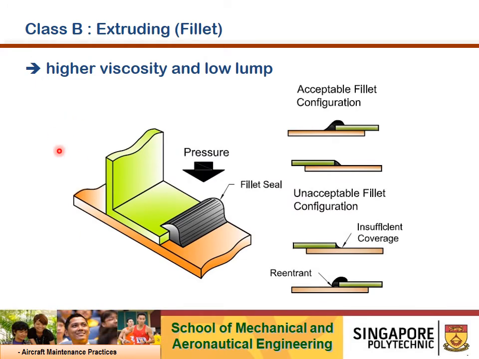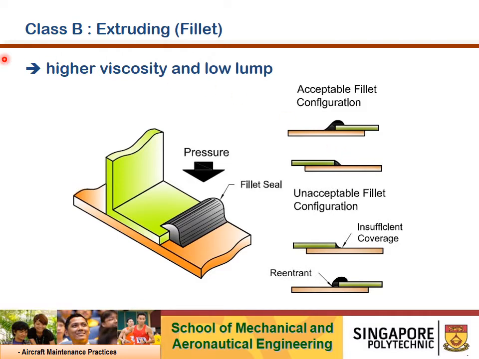All right, so class B is meant for extruding or fillet type of sealant seal. So it has a higher viscosity compared to class A. So do take note that it will have an acceptable fillet type configuration, where most of the time unacceptable will be lack of sealant applied on the fillet.